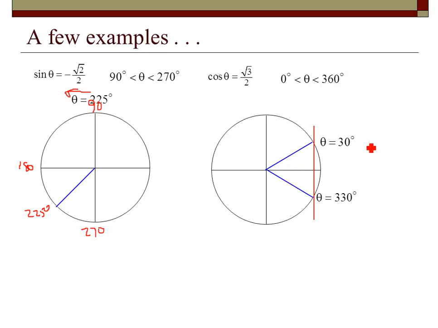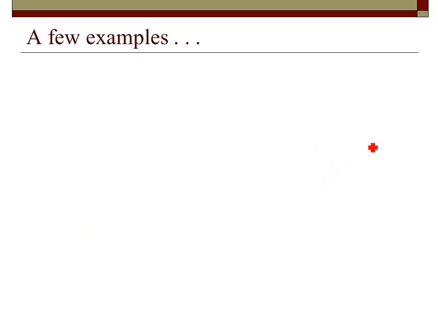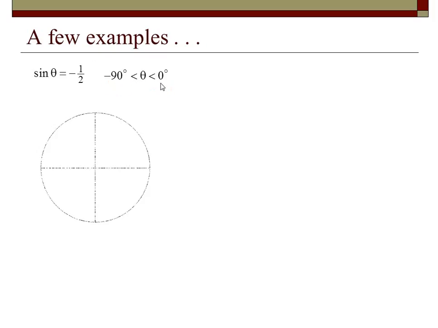Okay, let's look at a couple more examples. Sine of theta equals -1/2, so my y value is -1/2. We're going to go from negative 90 to 0. Let's take a look at what that means in a circle. This tells me y equals negative 1/2, so I can draw a line at negative 1/2.